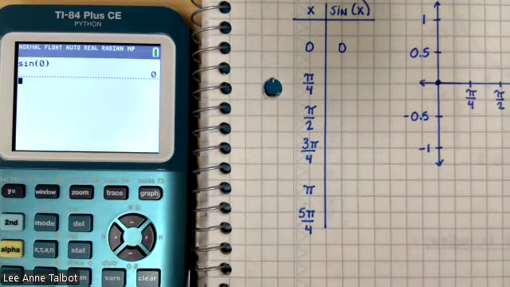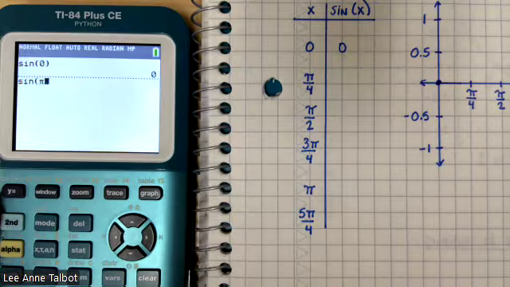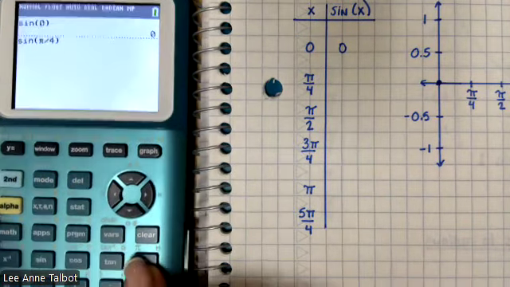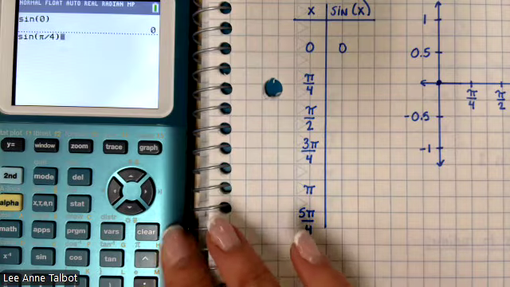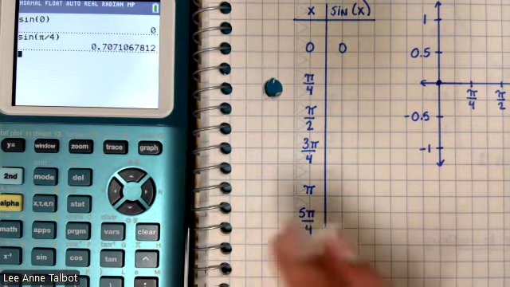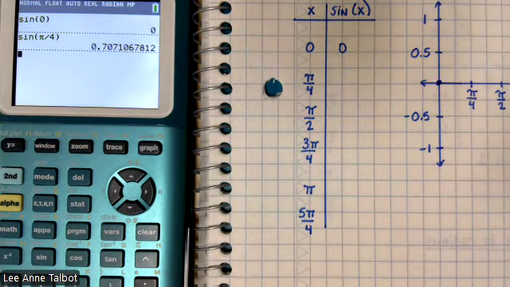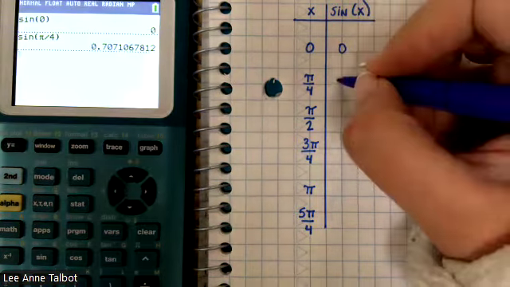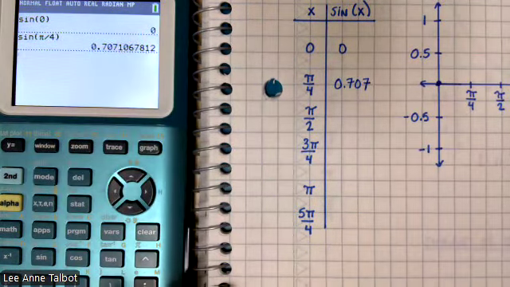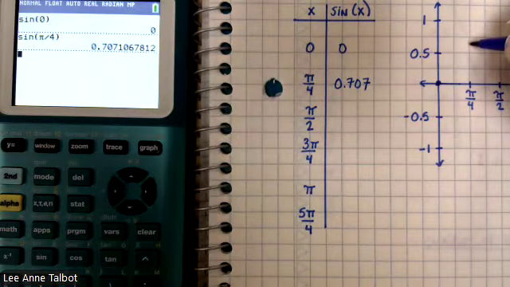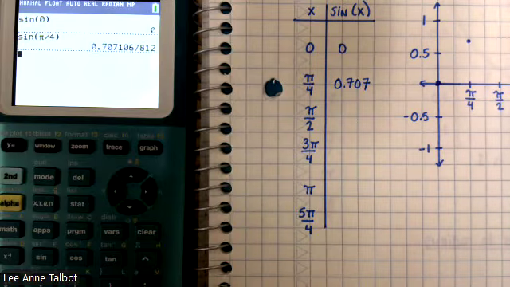Then you're going to say sine of pi over 4. Pi is second exponent button, the caret button. It's right here. Oh, that looks familiar. What is that? That's our area code, which would be like here-ish.